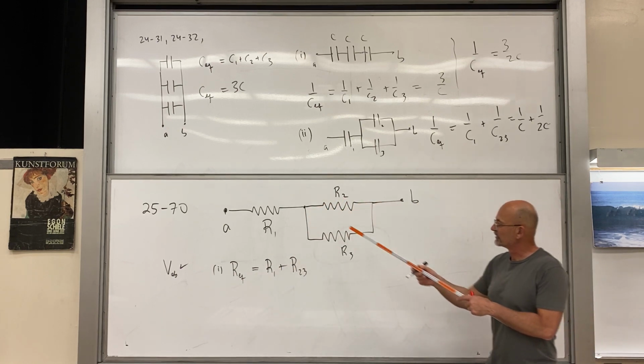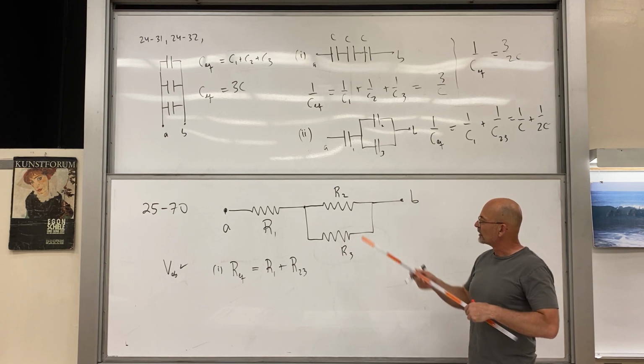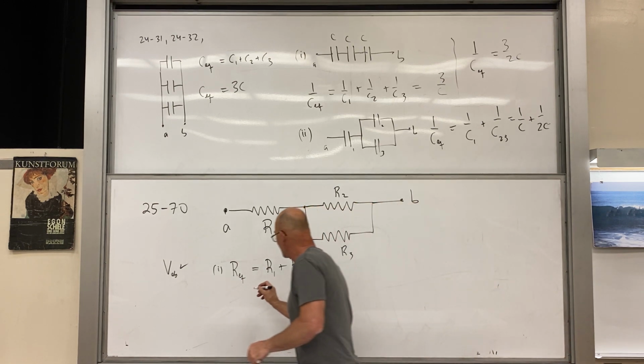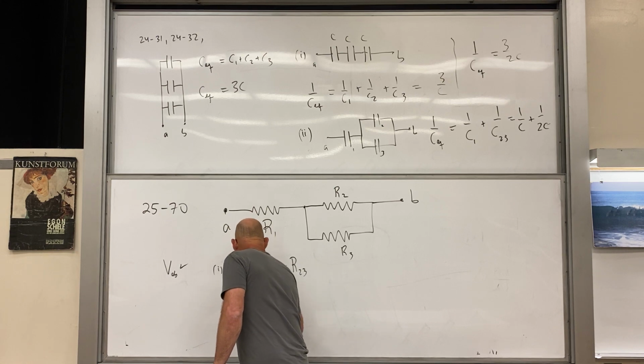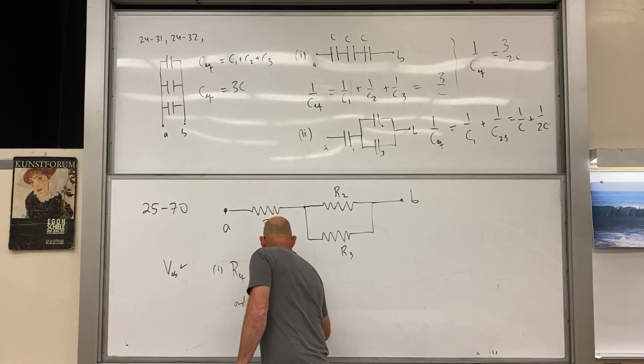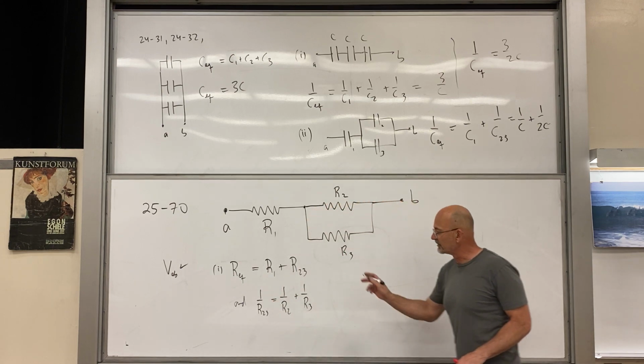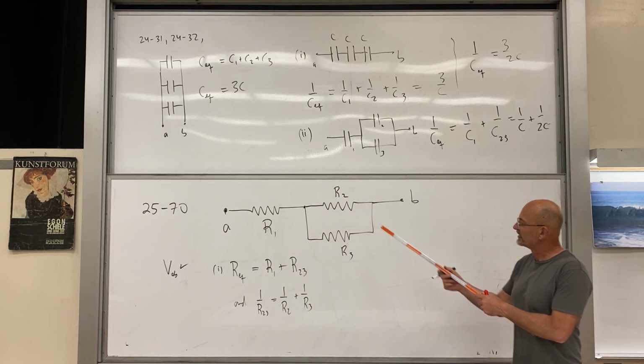For equivalent resistances in series, just add. And for this R sub 2,3, we would have 1 over R sub 2,3 equals 1 over R sub 2 plus 1 over R sub 3. It's just the opposite of what you have in the capacitances. Okay, so consider these known.